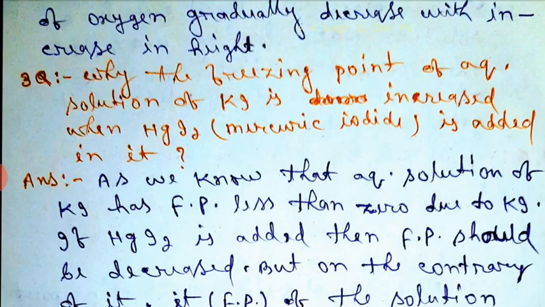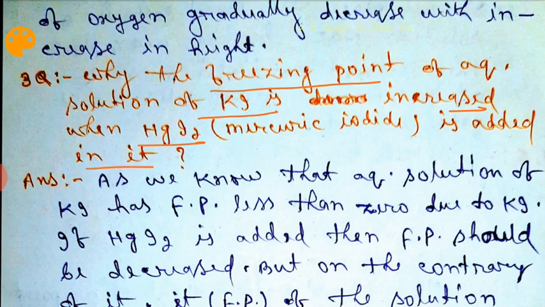Now the third question is, why is the freezing point of aqueous solution of potassium iodide increased when HgI2, mercuric iodide, is added in it?